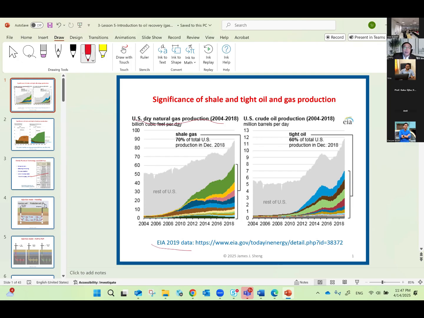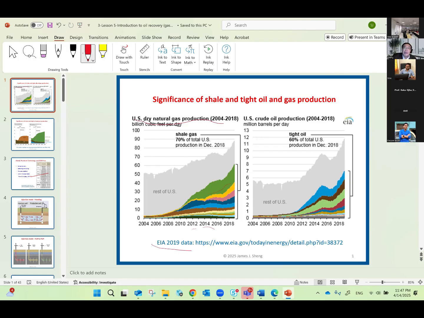The data is from the 2019 EIA, the Energy Information Administration, a U.S. agency. Now, look here. This is billion cubic feet per day, and this axis is the year from 2004 to 2018.